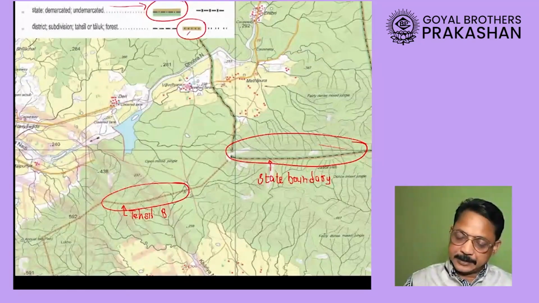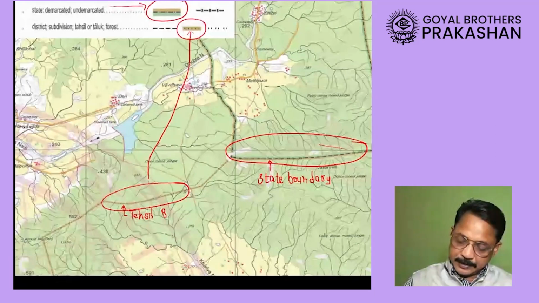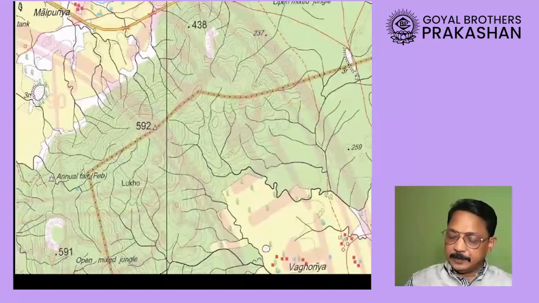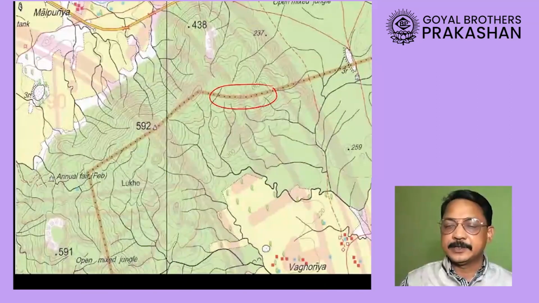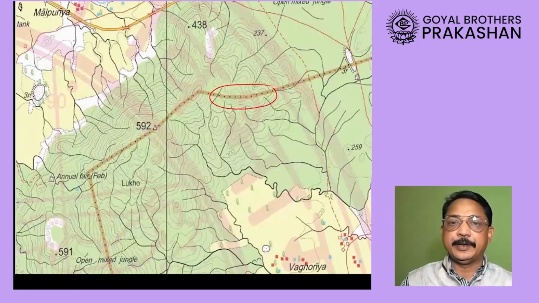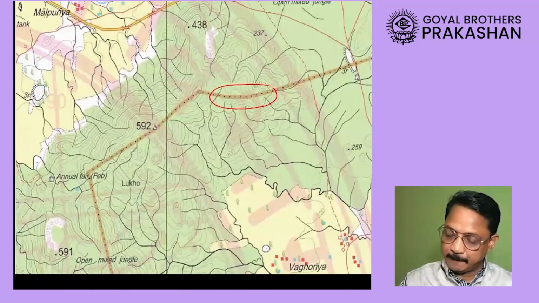The symbol that is seen here, dear student, is depicted in this map. Now see this picture, yellowish color with black dots. This is the tehsil boundary.